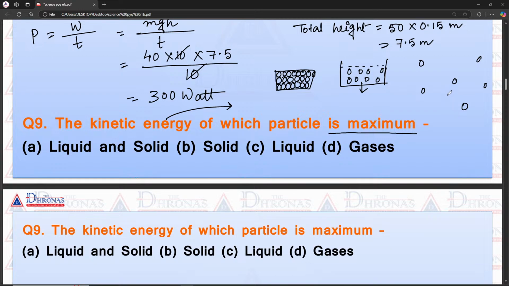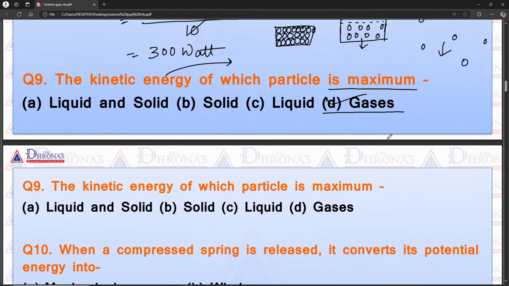But in the case of gas, the motion of the molecules is maximum. So as I told earlier, kinetic energy is related to the energy present in a moving object. So here the kinetic energy is seen to be highest in gas molecules because gas molecules keep moving randomly here and there. So the kinetic energy is maximum in gases.